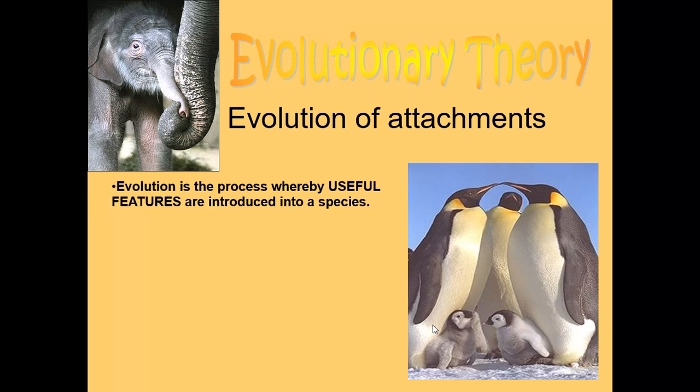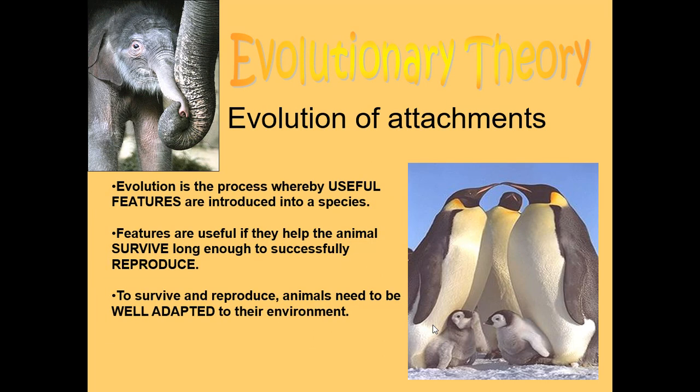Now, this comes from the idea that it's useful to form an attachment. It's adaptive. It helps the survival of a species, and it works from the idea that babies need help to survive. So it's adaptive for them to form an attachment with a caregiver.